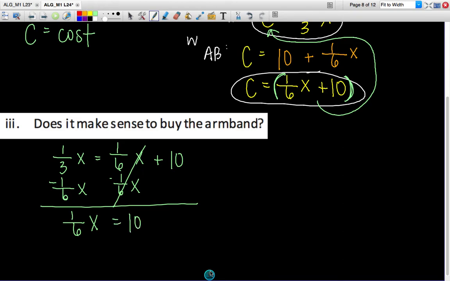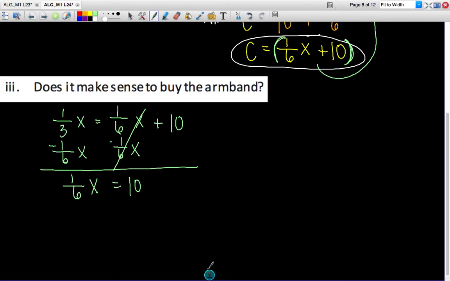And 10 divided by 1/6 is 60. So x equals 60, and if you remember from our variables, x means throws. So this is 60 throws. So it only makes sense to buy the armband if we plan on throwing more than 60 times.